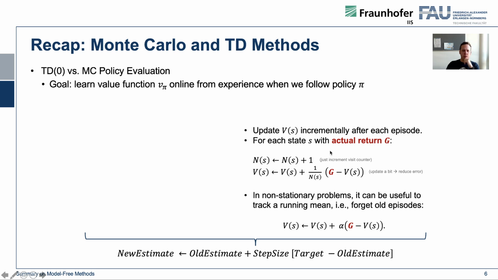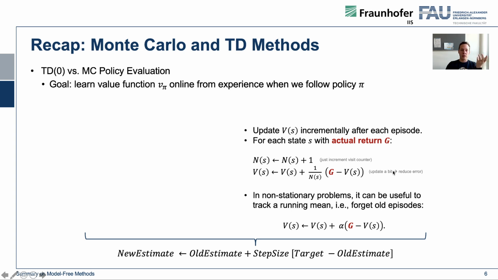We get experience samples from the environment, from which we estimate the return G. So in Monte Carlo we know an experience trajectory, and we can estimate the return for each state in this sample. Through incrementing visit counters and getting knowledge about the return, we can always update our estimate of the value function in an online fashion.